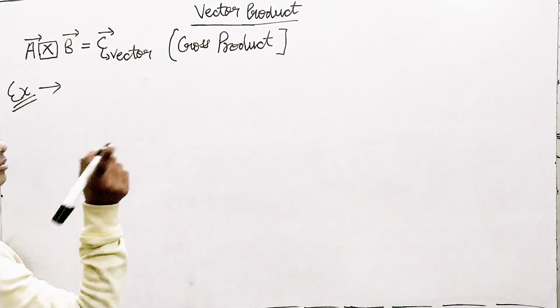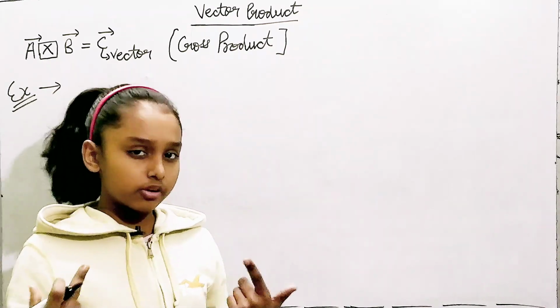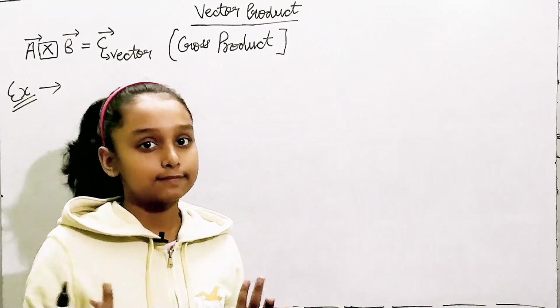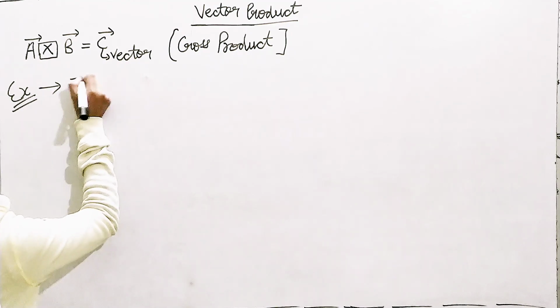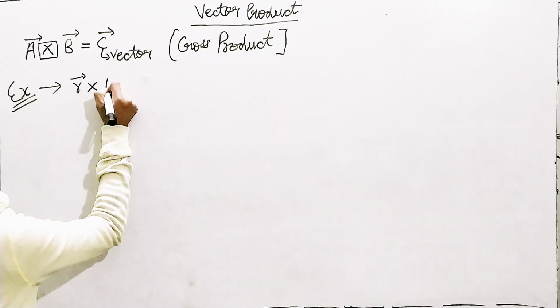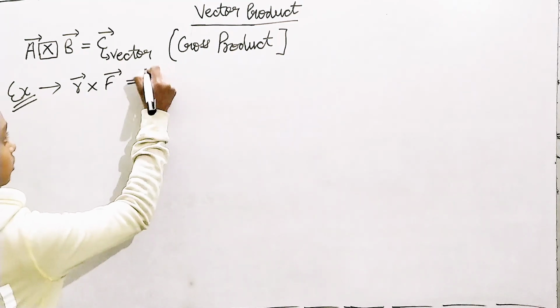I have told you about torque. Do you remember it? Let me tell you how. It was torque, and what was the formula for torque? It was R vector cross F vector is equal to torque.